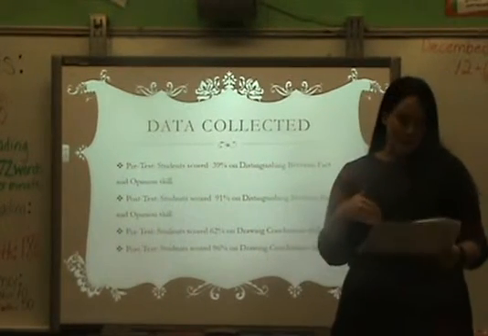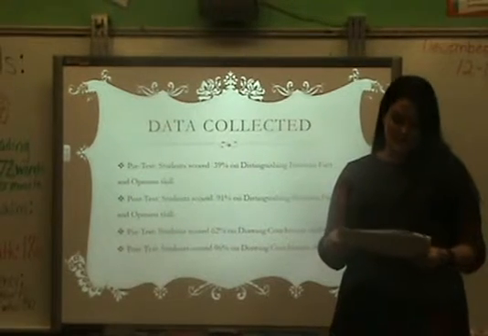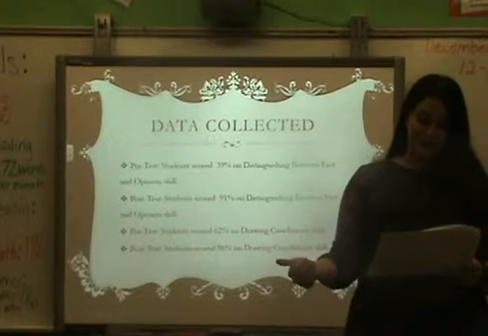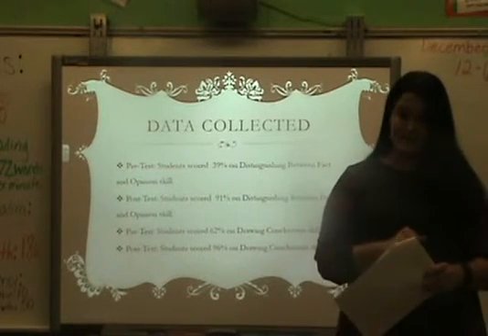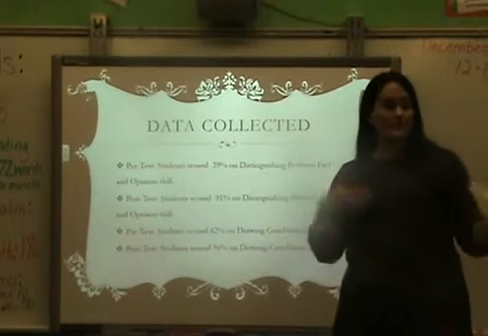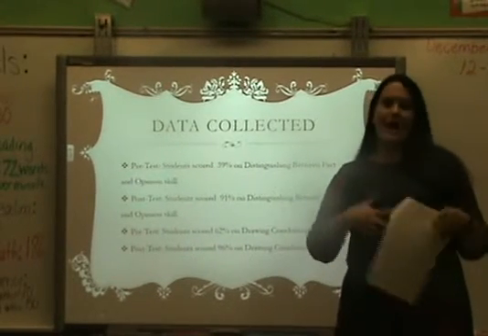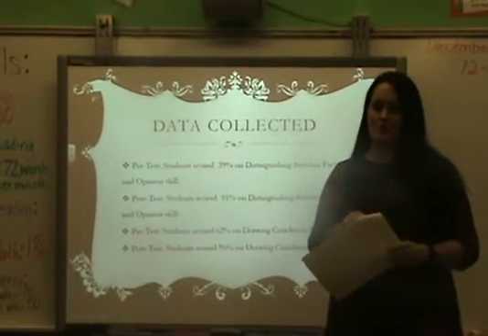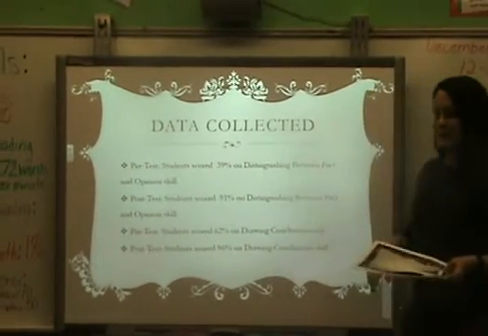Then on the pre-test for drawing conclusions, they started out at 62%, and by their post-test, they were at 96%. The ones that did not master distinguishing fact and opinion, I pulled into small groups, and I pulled some others in different groups. But I focused on these to get my data.